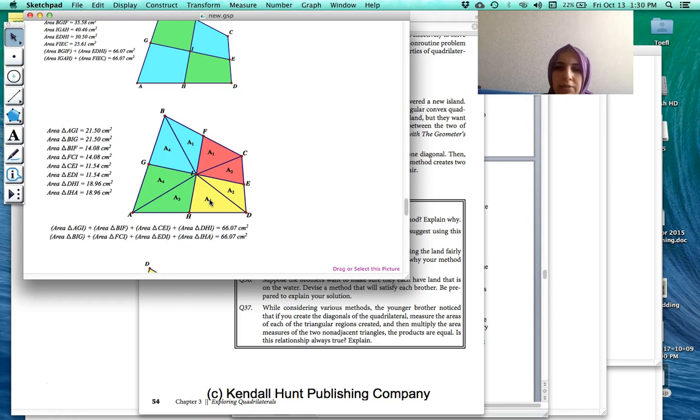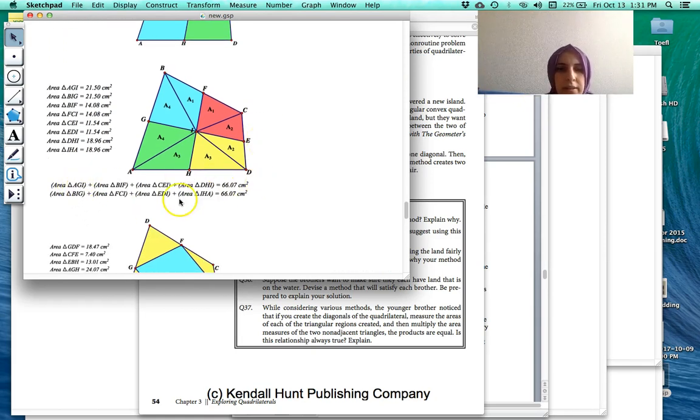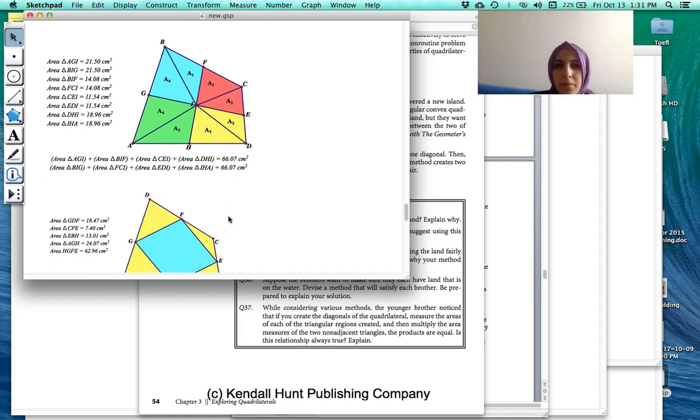Thus, S1 equals A1 plus A2, S2 equals A1 plus A4, S3 equals A3 plus A4, and S4 equals A2 plus A3. If we combine these, we get S1 plus S3 equals S2 plus S4, and 66.0507 square centimeters equals the other area, the total area of them. Okay, this is also solution 2.